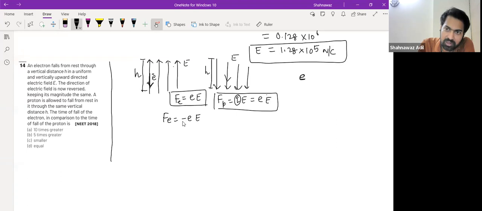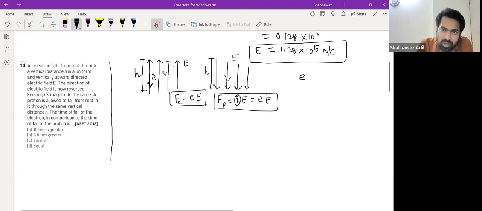For the proton or the electron case, the electric field is reversed, so the direction of the electron force and the proton force would be the same. Let's say this is minus j, so for this it would also be minus j. Understood, Aisha?